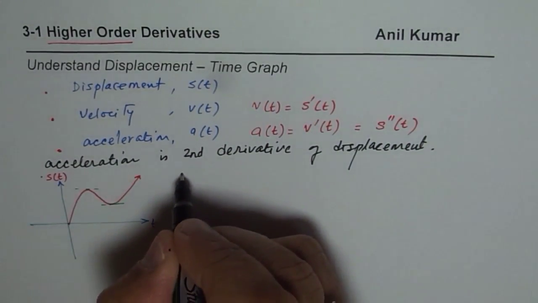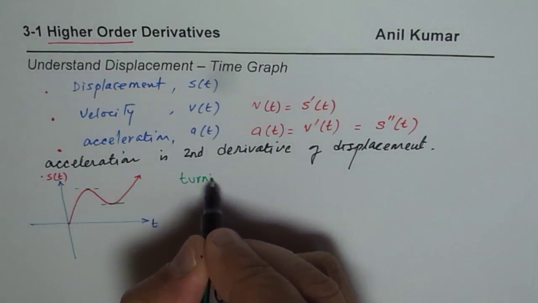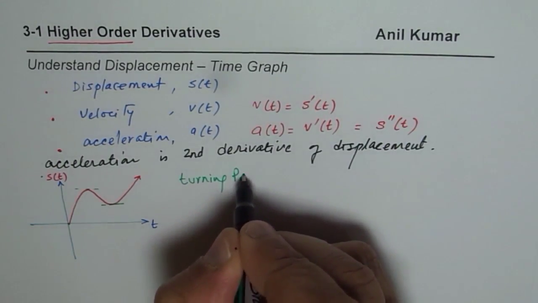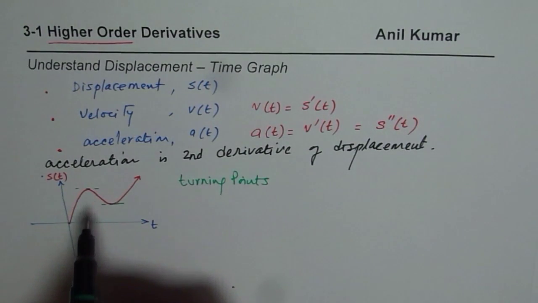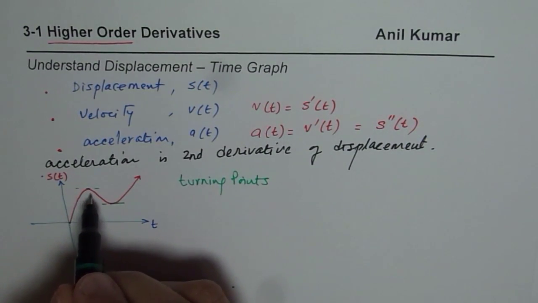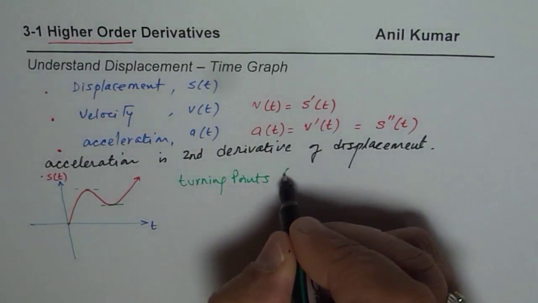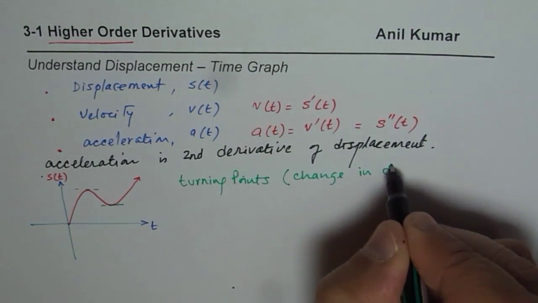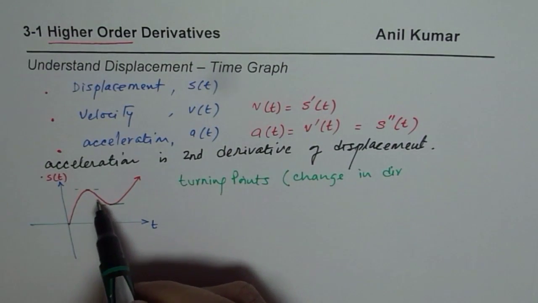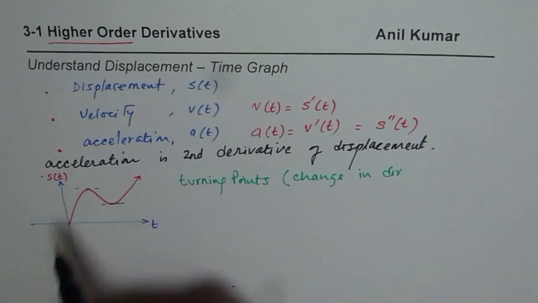So these are my turning points, right? So we have turning points here. And these turning points also reflect a change in direction, right? So these turning points give you change in direction. So a body was moving forward, it starts moving backwards after this point, right?